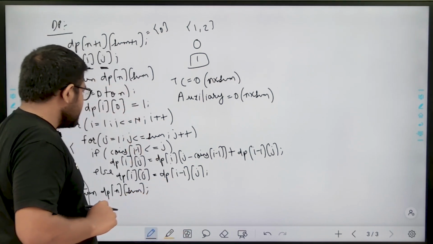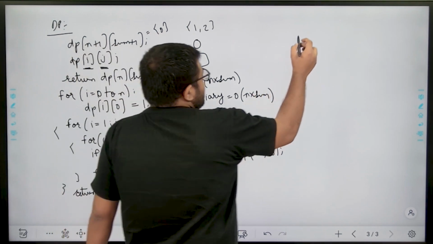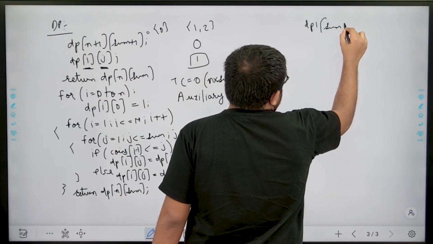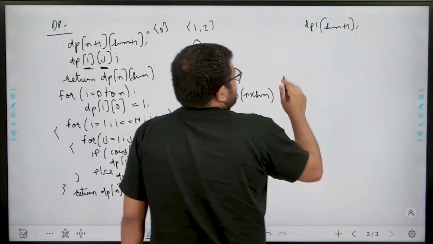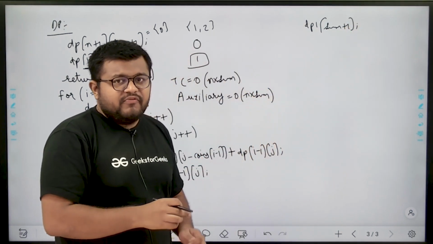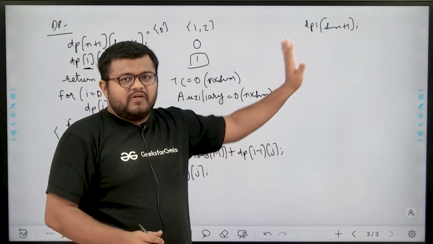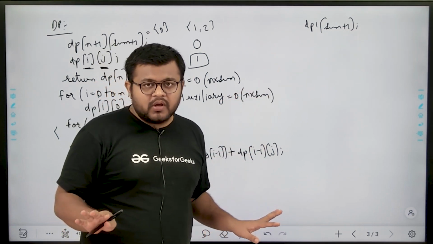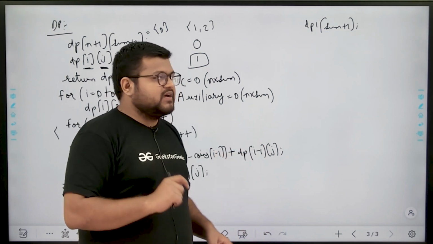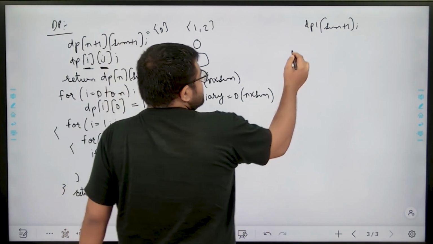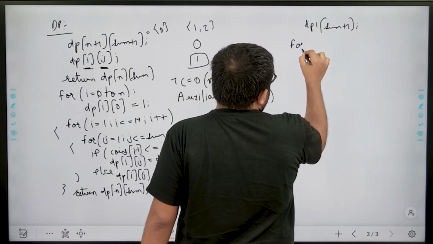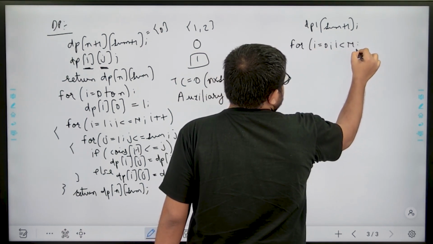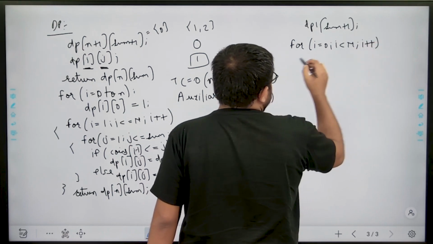How? You can consider an array dp1 of size sum plus 1, in which dp1 of i will finally denote, after we fill this table, the number of ways to reach sum i using all the n coins basically. So how can we do this? In this also we can run a for loop for i equals 0, i less than n, i plus plus.